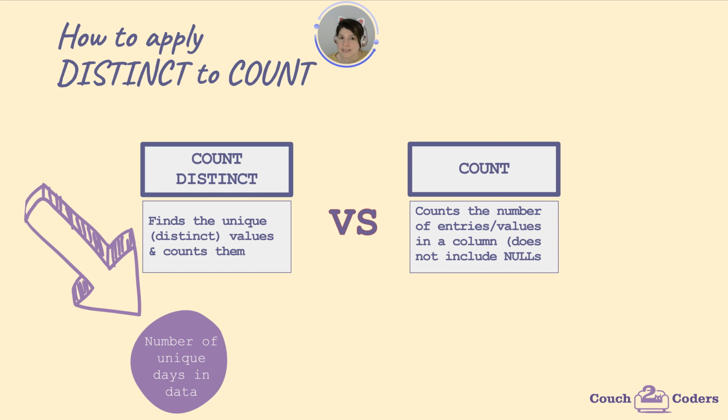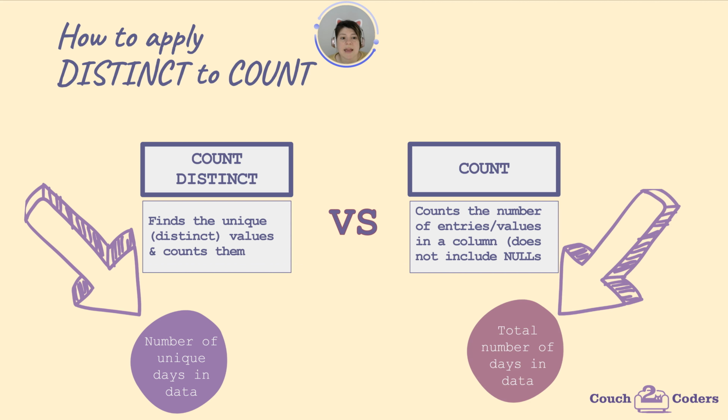If I had every day of the week in my data, if I did count distinct, I would get 7. If I did regular count, it would give me the total number of days in the data. So maybe Monday happens 15 times. Then for Monday, in regular count, he gets counted 15 times. And count distinct, we just say one Monday, that's it. If you have extra Mondays in there, we don't care about them.